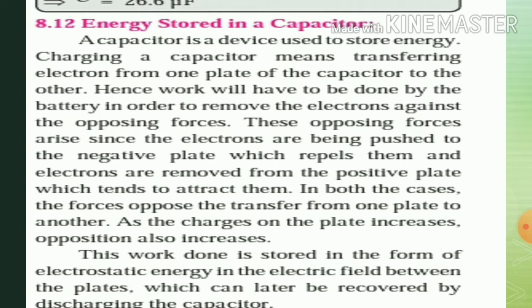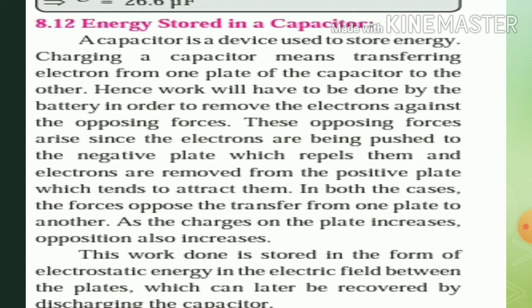That is, in this process an opposing induced force develops between the first plate and the second plate of the condenser due to the motion of positive and negative charges.